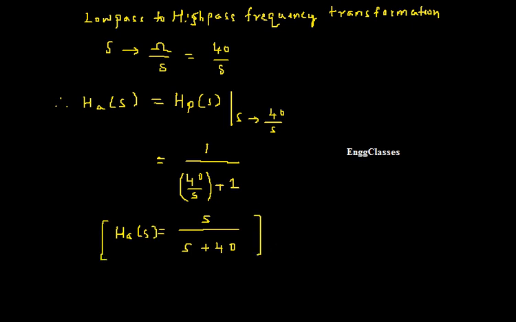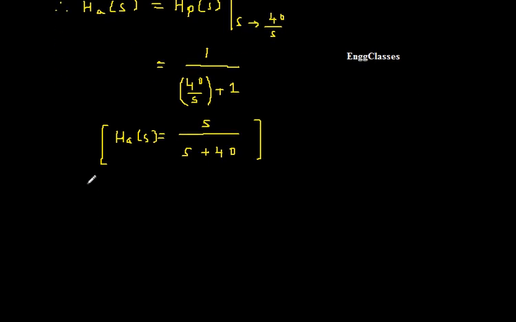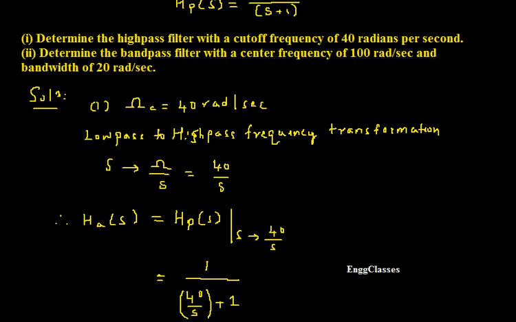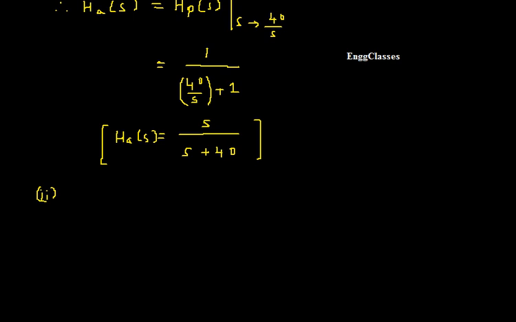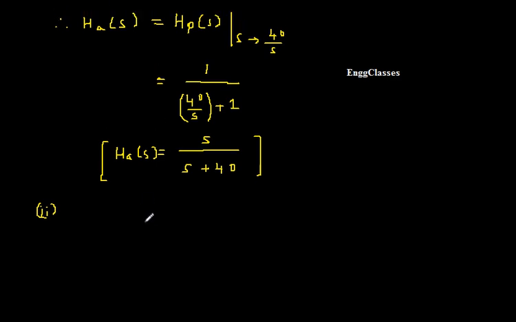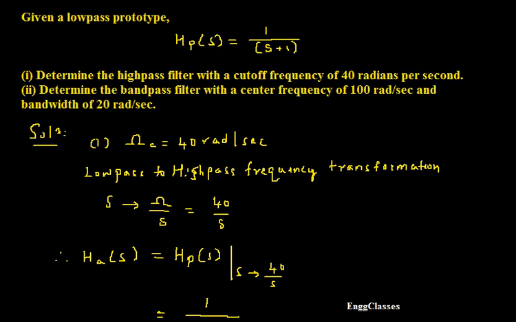A simple numerical. Similarly, let me consider the second one, where it says to design a bandpass filter. So how do I design the bandpass filter? So now I need to apply low pass to bandpass frequency transformation technique. Before that, let me write the specifications that have been given. The center frequency is being given, yes, center frequency of 100 radians per second.